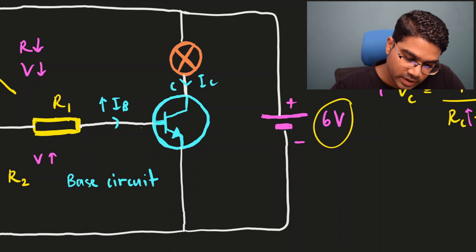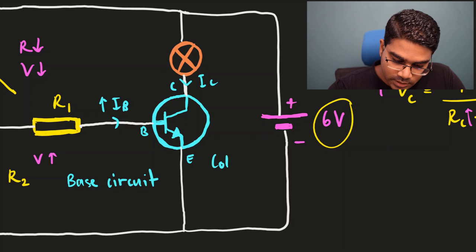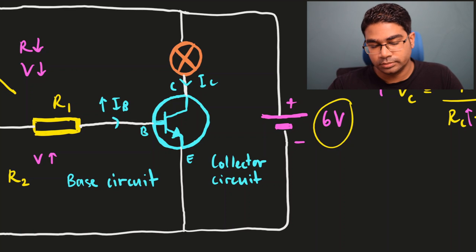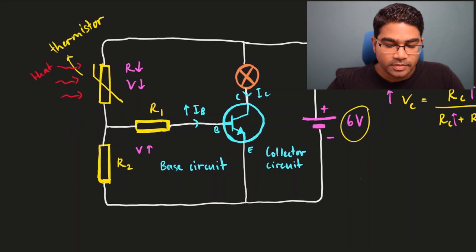So remember, we have collector, base and emitter, and there will be a significant enough collector circuit for the transistor to be turned on. So this is how it works.